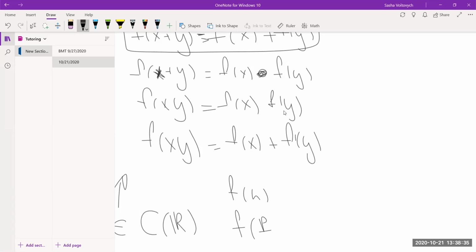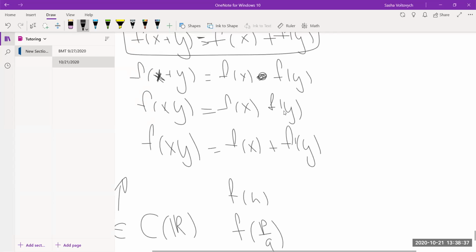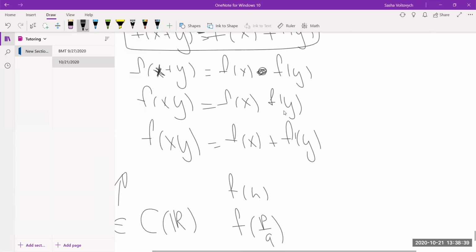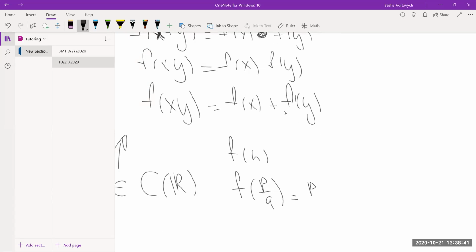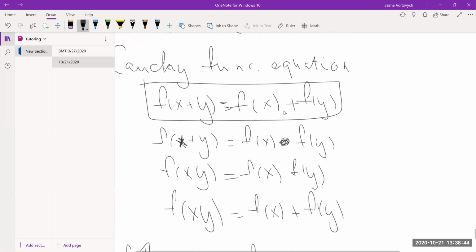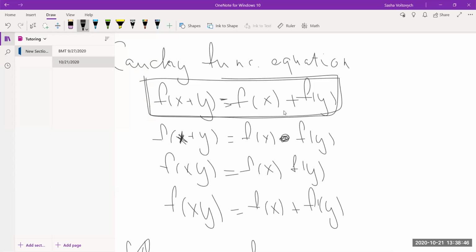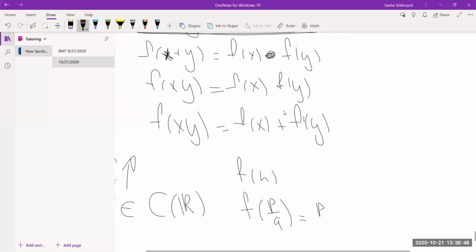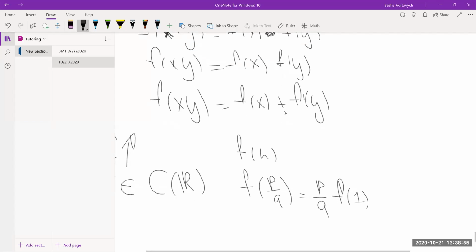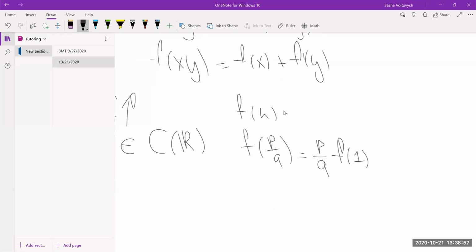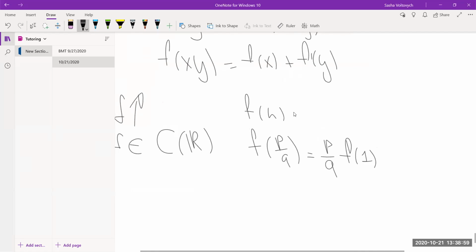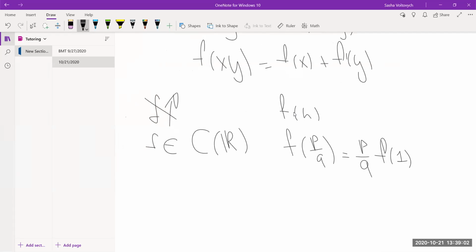Then we figure out values at rational points. And you can actually prove that if f of x plus y is equal to f(x) plus f(y), then f of p over q is equal to p over q times f(1). If f is none of these, then we can't go anywhere from here.